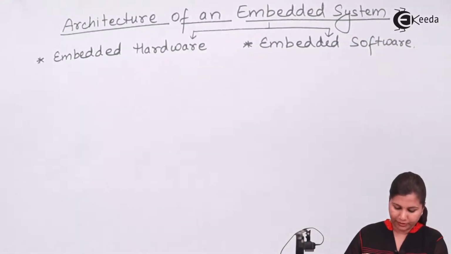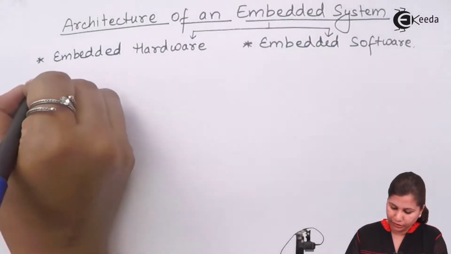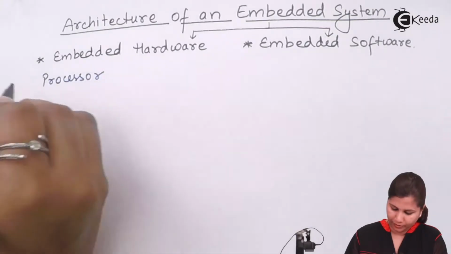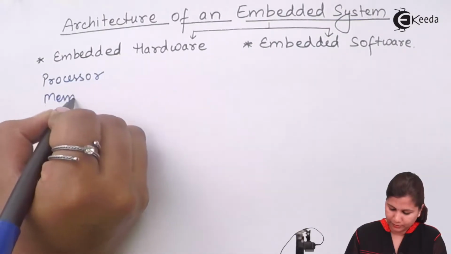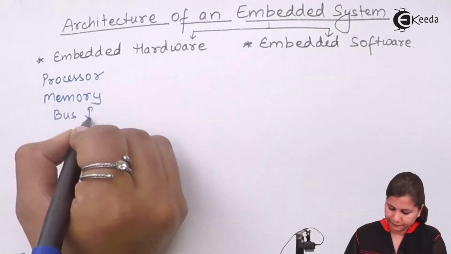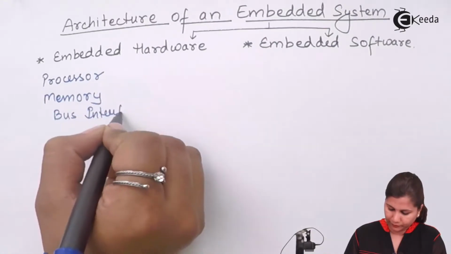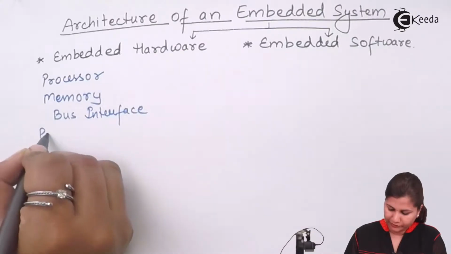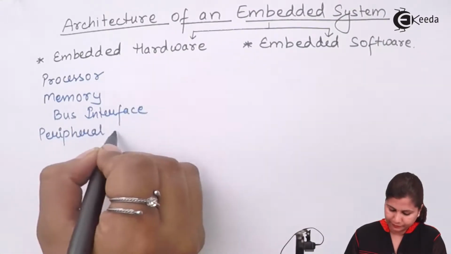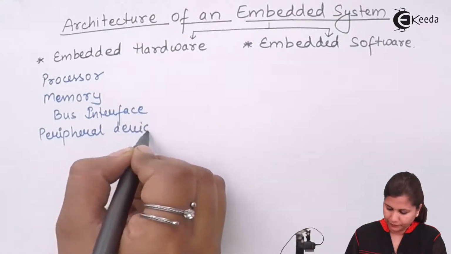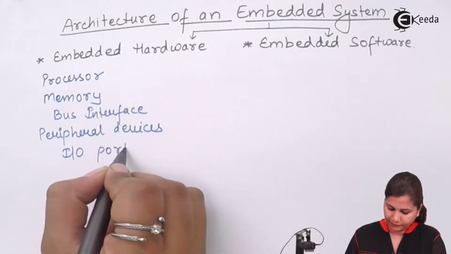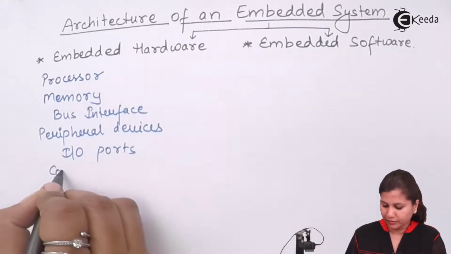Now the hardware part will consist of the processor, memory, bus interface, peripheral devices like the input devices and the output devices, input output ports, and various controllers.